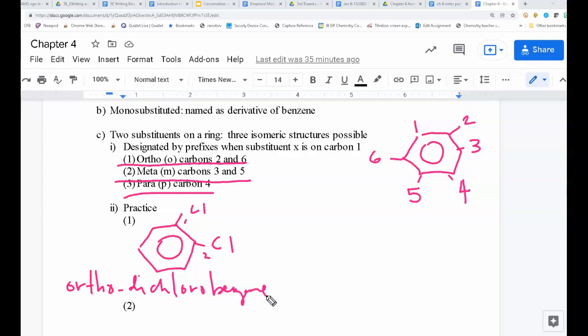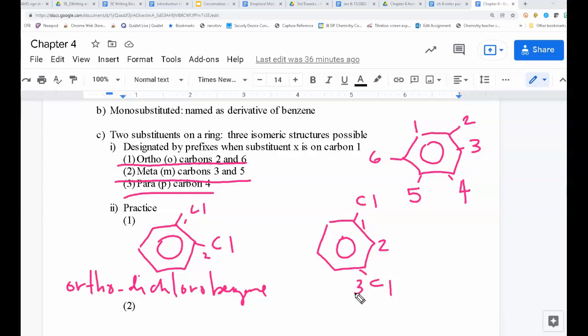Okay, now let's try another one. What if we have those two chloros in a different position? So let me draw another benzene. There you go. And this time our chloro is here and it's here. Now instead of being in the 1 and 2 location or the 1 and 6 location, we're in the 1 and 3 locations.